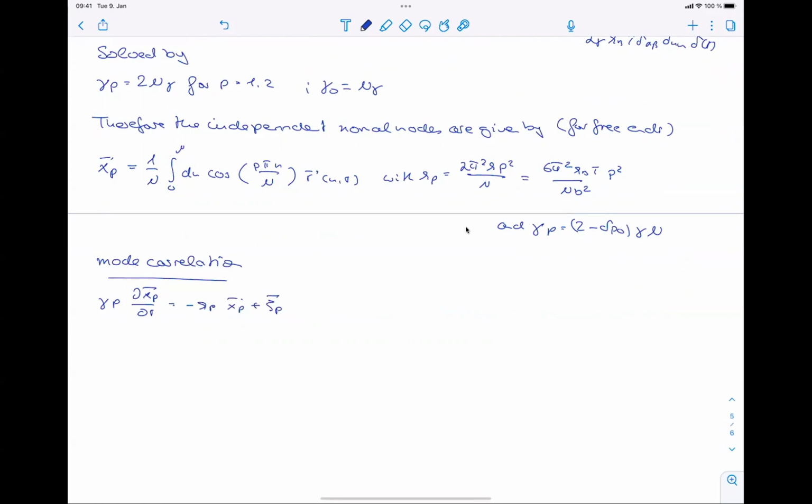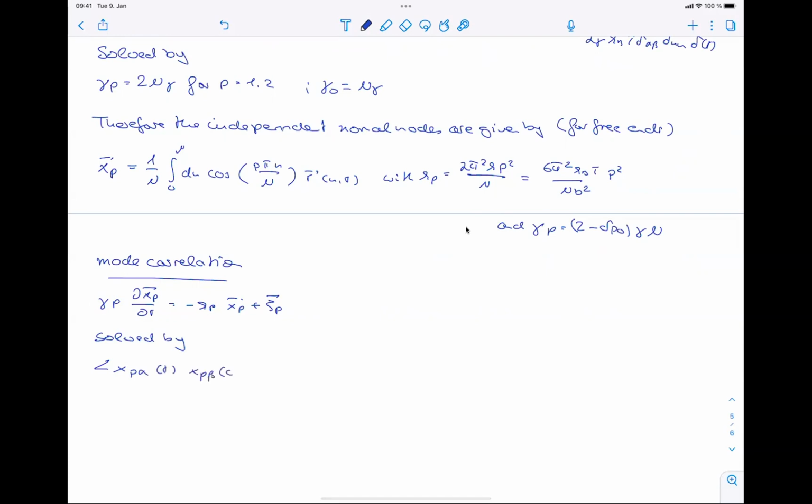And these mode correlations in these normal modes are now, and that's why we went into normal modes, solved by an exponential decay, where the decay timescale is given by the ratio of the viscosity over the spring constant.